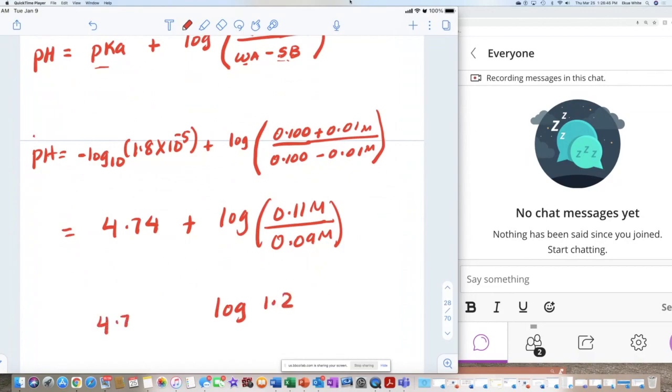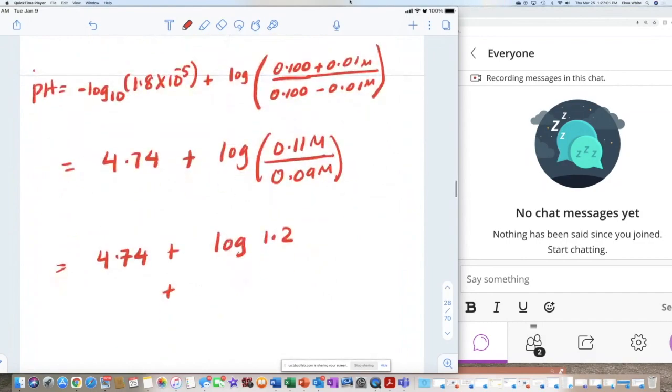I think your lab this week is something like this, the lab that goes with this part. So take the log of this answer, and you get, I have to look over the lab again, and when you add this to 4.74, I get 4.82. Okay.